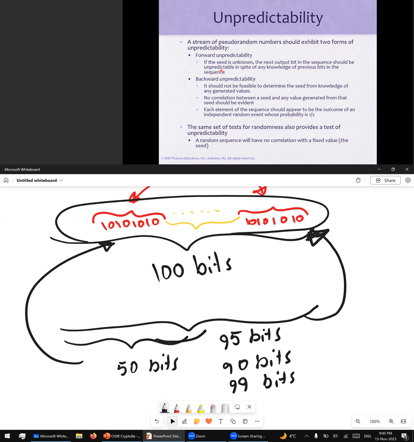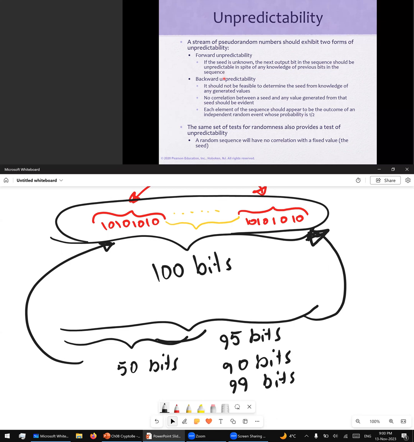In other words, it doesn't matter if you have 100 bits of your sequence already generated for you. If you don't know what the seed is, you cannot determine what the 101st bit is going to be, right? What the next bit is going to be. That's forward unpredictability.